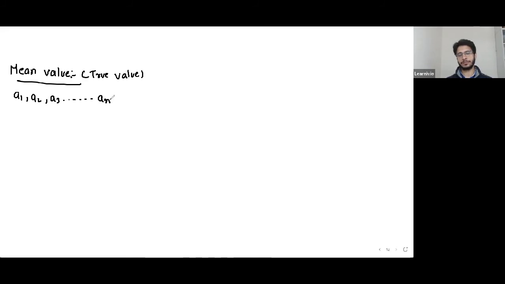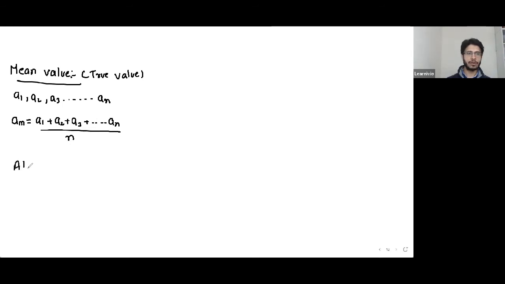So these are n readings. The mean value of the measurement is A1 plus A2 plus A3 up to An divided by n. This is mean value, which is also known as true value. So the true value of a measurement is basically the mean of all observations.